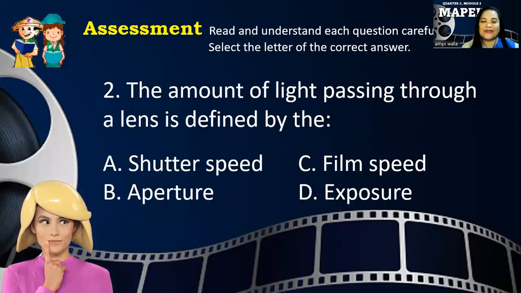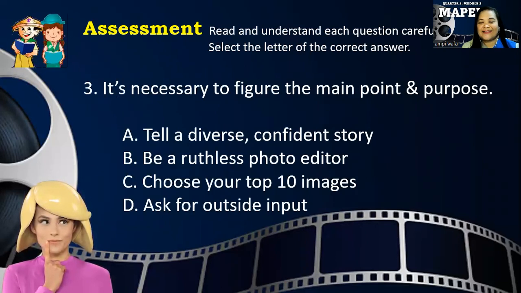Number 2. The amount of light passing through a lens is defined by the A. Shutter speed, B. Aperture, C. Film speed, or D. Exposure. Correct. It's aperture. Number 3. It's necessary to figure the main point and purposes.